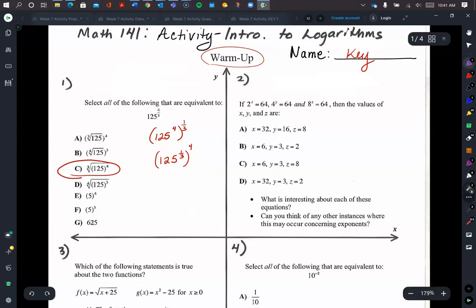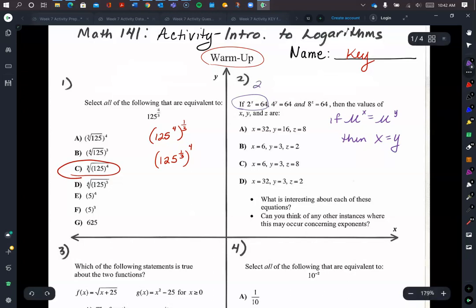One thing to help you with that, I'll just put a reminder of a law. If u to the x equals u to the y, then x equals y.